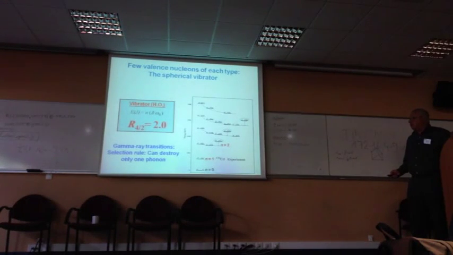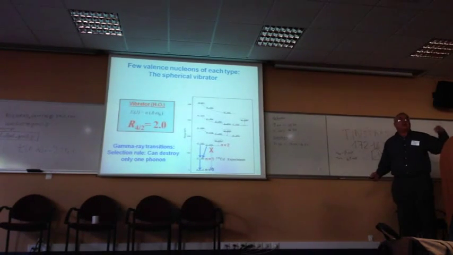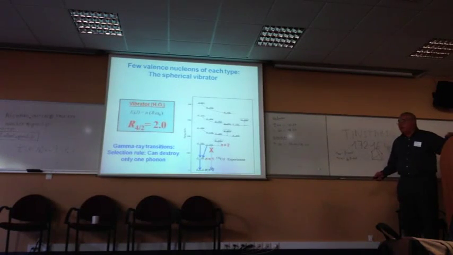They're very sensitive. Remember, the selection rule is you can create or destroy a single phonon. And so these transitions are allowed, but that one is forbidden. So one of the obvious things you would do is look at the ratio of this gamma ray intensity to this, correct for the E to the fifth factor, and see what the ratio of the E2 values is.